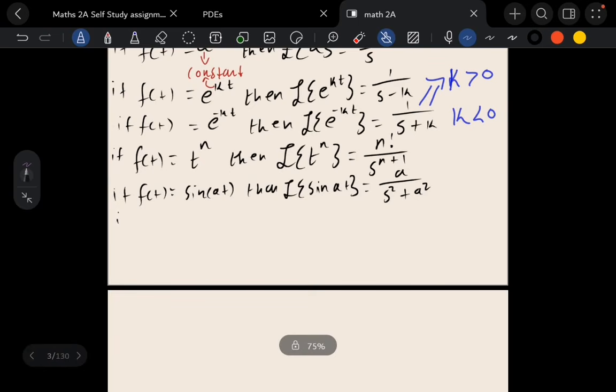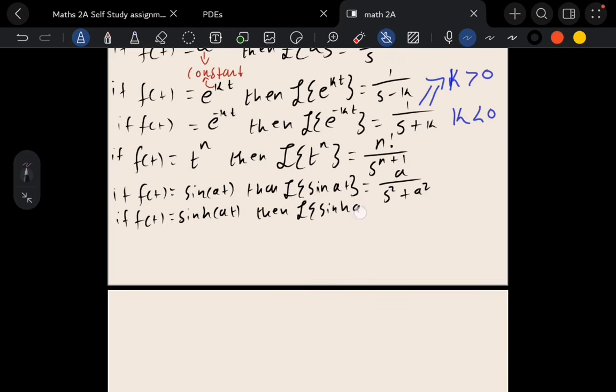And then if your f of t is the hyperbolic sine of at, then the Laplace transform is going to be a over s squared minus a squared. So for this one, it's going to be minus.